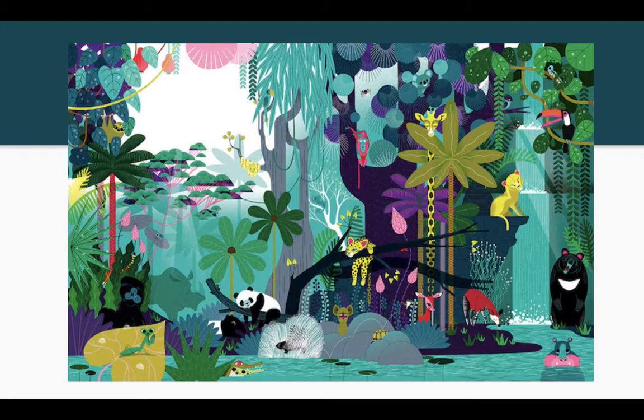Here's another illustration. And again, some of these animals may never actually cross paths in nature, but that's the fantasy. You can have unicorns and Pegasus and mermaids and elephants and a domestic house cat all in the same jungle.